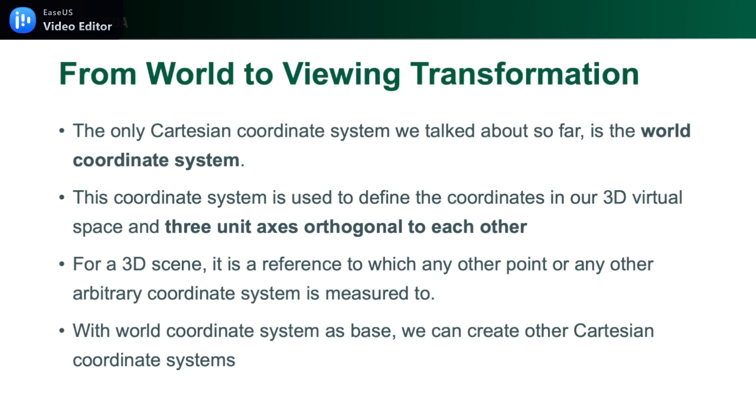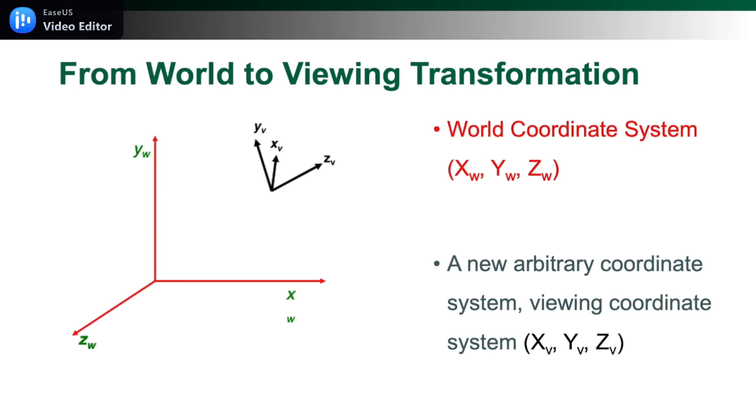With the world coordinate system as our base, we can create other Cartesian coordinate systems. Here we have the coordinate system in red with three axes orthogonal to each other, YW and XW being in the plane of the screen, and the ZW axis coming out of the plane towards you.